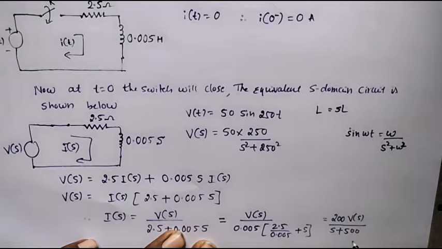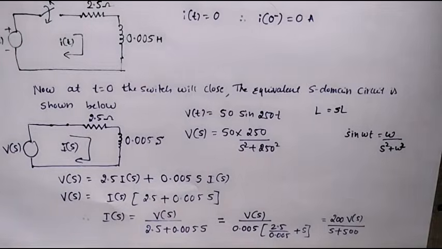So I brought it to standard form, that is s plus some constant. So I(s) value is 200 V(s) divided by s plus 500.